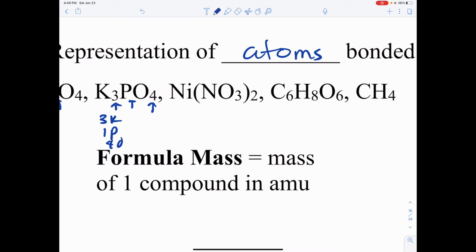So this is 1 nitrogen, 1 nickel, 1 nitrogen, but there's a 2 here, so that makes it 2, and then we have 6 oxygens. So when you have parentheses, and only with parentheses, you multiply the 2 times each of those numbers.